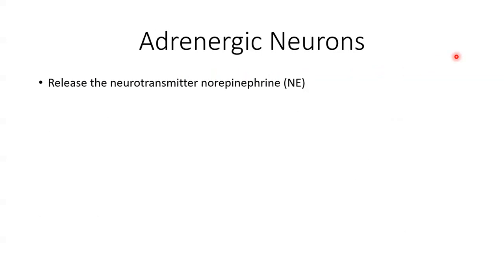The neurons in the autonomic nervous system that produce and release norepinephrine or noradrenaline are called adrenergic neurons. Most of our sympathetic postganglionic neurons are adrenergic, so pretty much all of them except for our sweat glands, which we mentioned earlier.